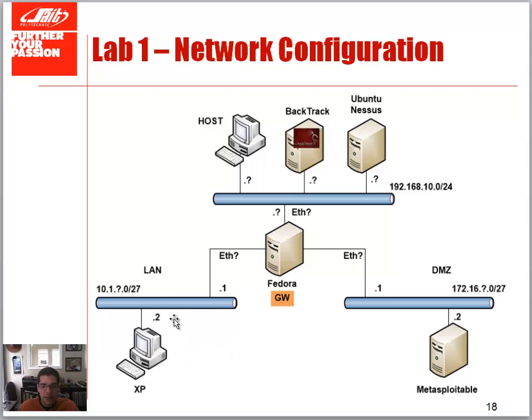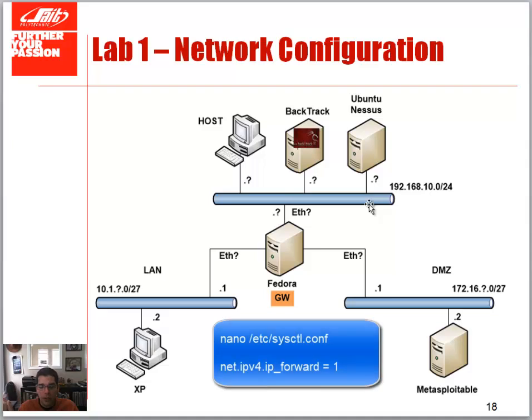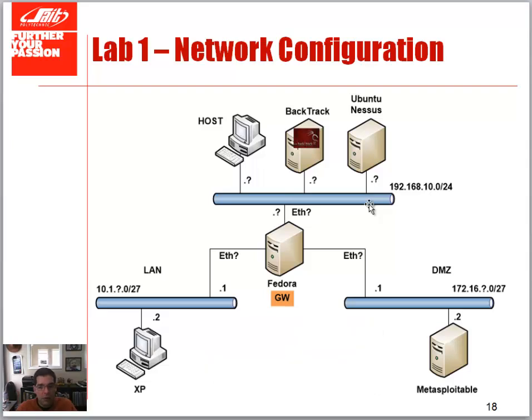The client's gateway is this interface as well. Metasploitable's gateway is this Fedora interface. Remember to check if IP forwarding is set to 1. Go to /etc/sysctl.conf and check the IP forward option.